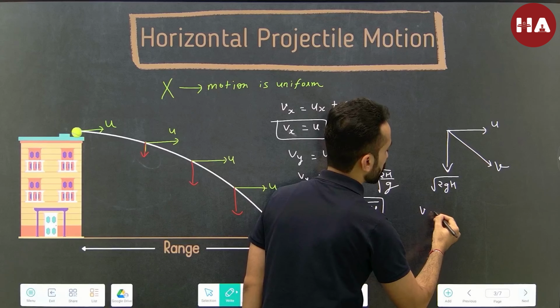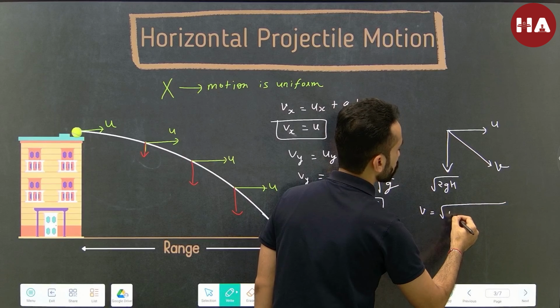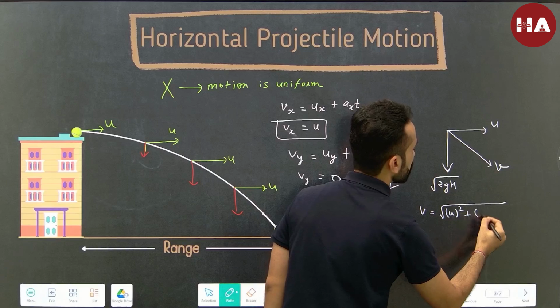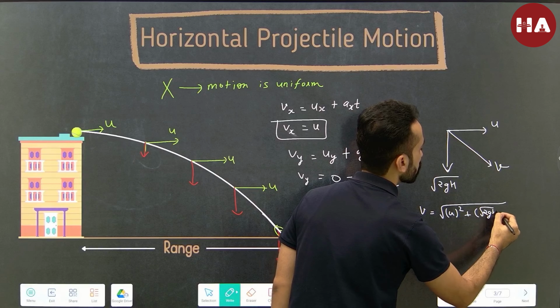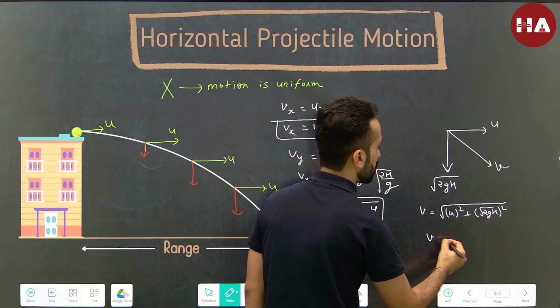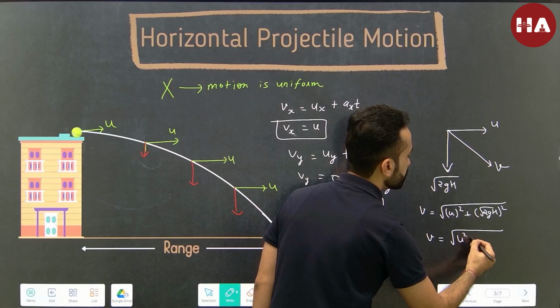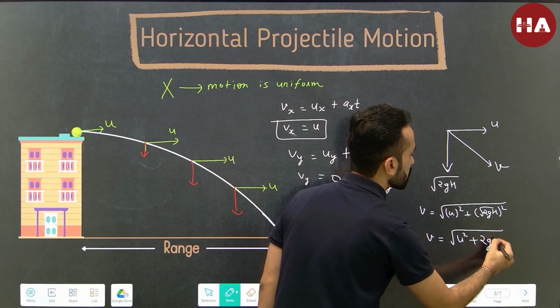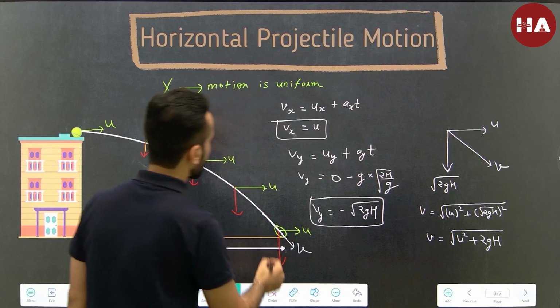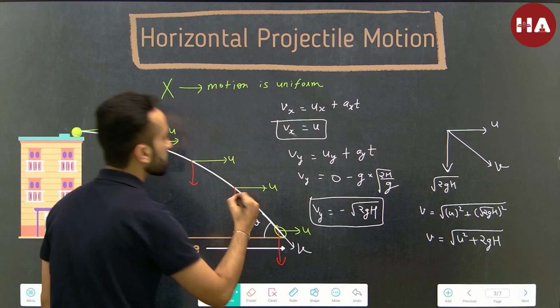So it is going to be under root of u squared plus root 2gh whole squared. Okay, according to the Pythagoras theorem. So it is going to be u square plus 2gh, and let's say it strikes at an angle theta.